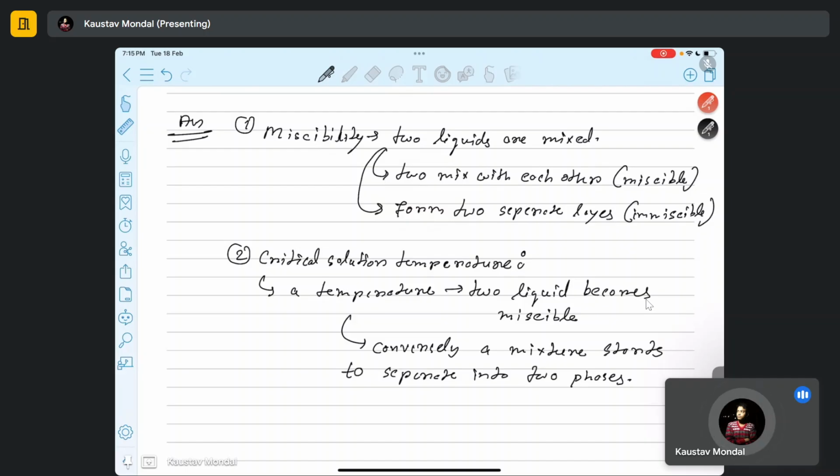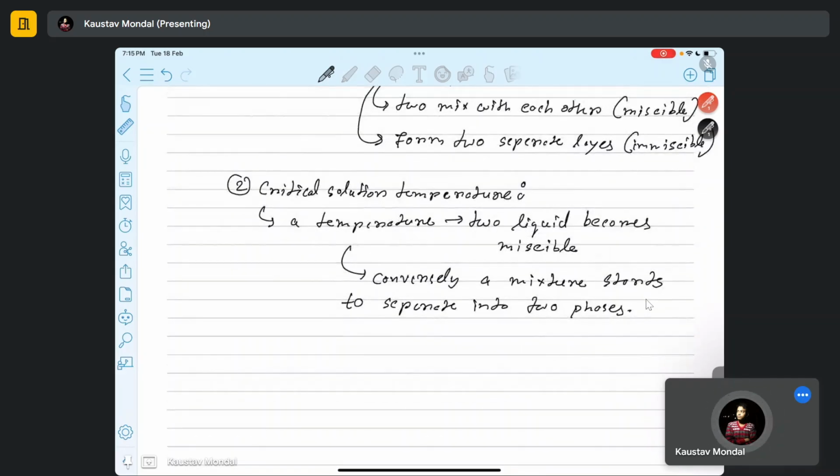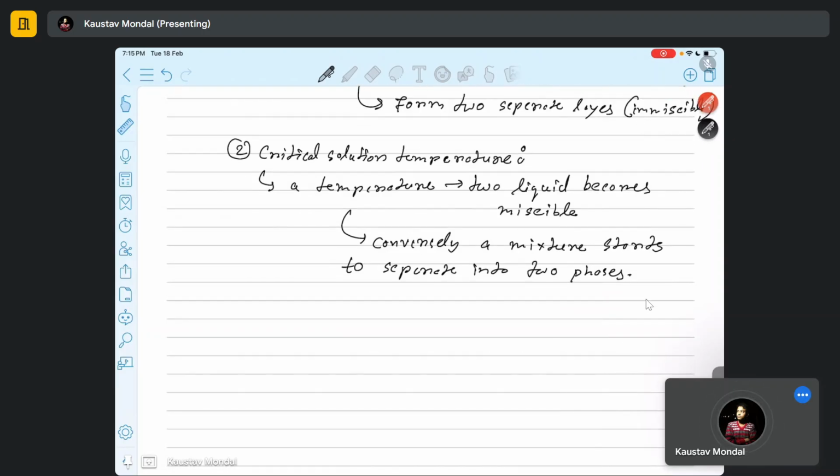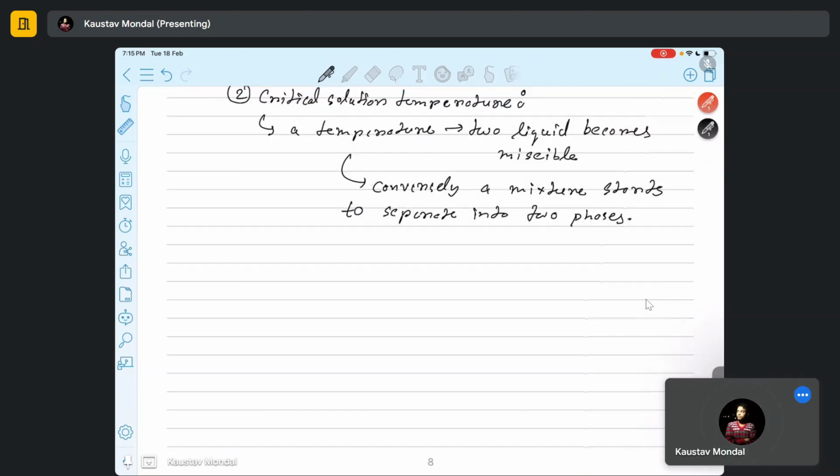This can be brought about by either heating or cooling. Either way, if you reach that critical solution temperature, it can make two liquids become miscible with each other, or conversely, make a mixture separate into two different phases. So this is called a critical solution temperature.